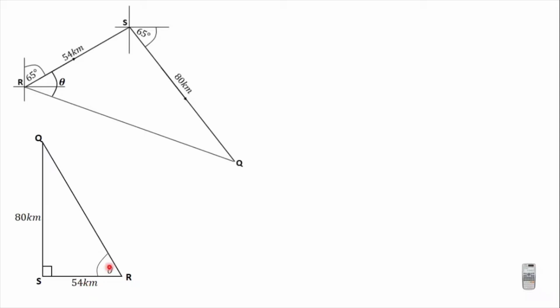In order to find theta, I'll have to use one of the three trigonometric ratios we've learned under trigonometry: cos, sine, and tan. Now, I have opposite and adjacent. We know that if you have opposite and adjacent, the trigonometric ratio that you have to use is tan, because tan will give you opposite over adjacent.